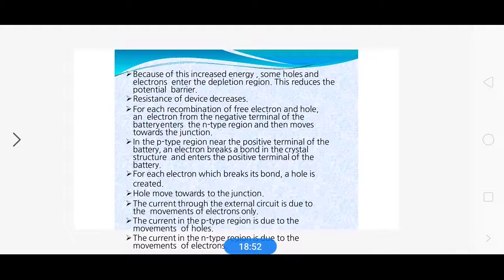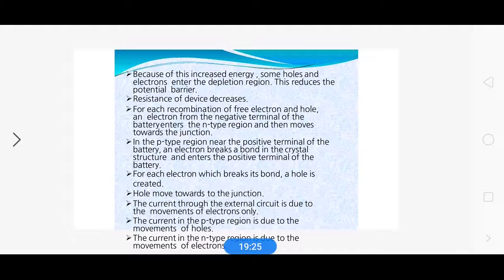But due to repulsion of the holes in the P side from the positive terminal of the battery and electrons in the N side from the negative terminal, they are forced to move towards the junction and enter the depletion layer. So automatically the width of the depletion layer decreases, which means the opposition to the movement of charge carriers decreases.